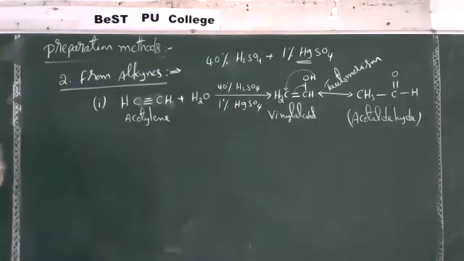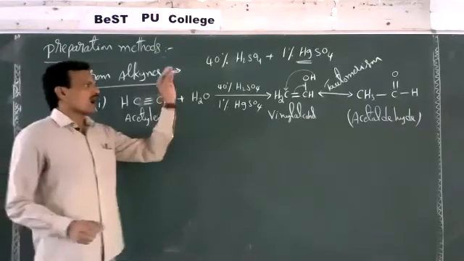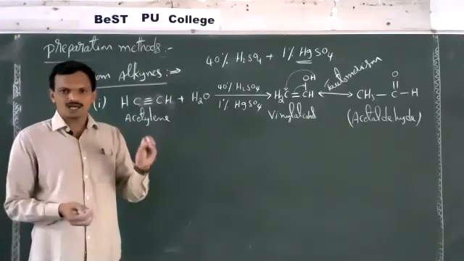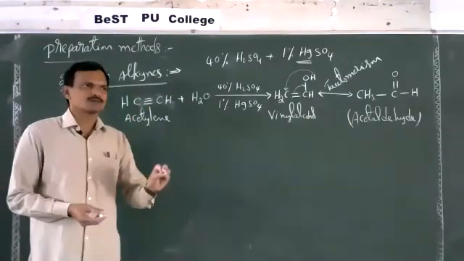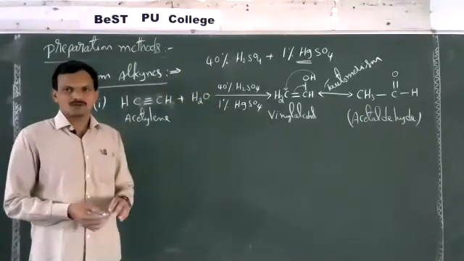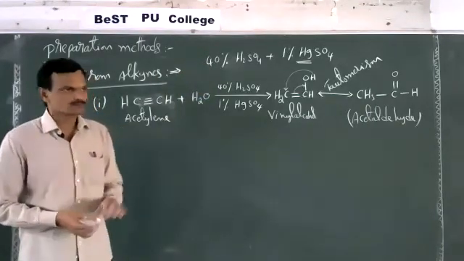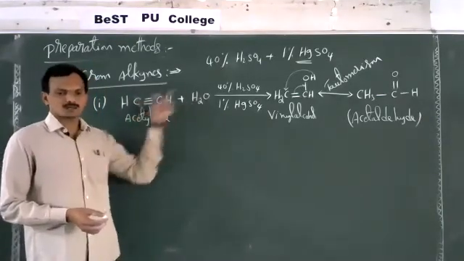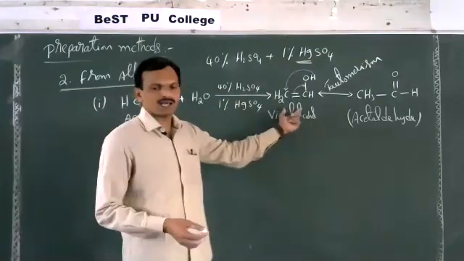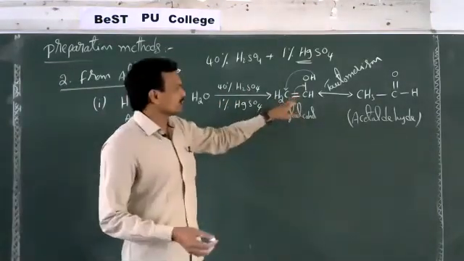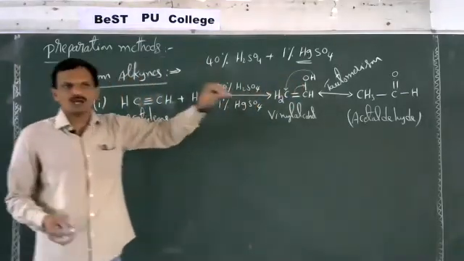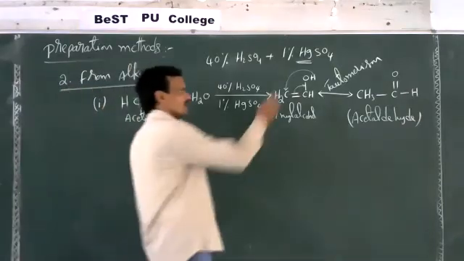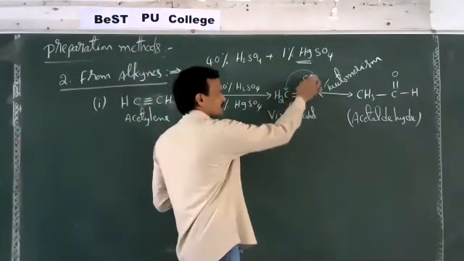Okay, now see once again. Alkynes cannot react with water, so addition of water to alkynes takes place in the presence of 40% H2SO4 and 1% HgSO4. If you take acetylene, addition of a water molecule in the presence of these reagents produces vinyl alcohol. This is an enol. That enol undergoes isomerization, that is tautomerism, and the hydrogen and double bond exchange their positions.